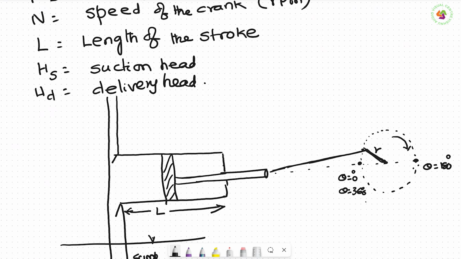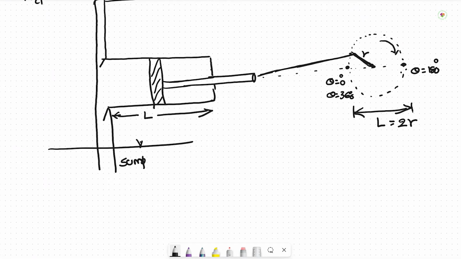So that means this is nothing but the length of the stroke, which is equal to twice the radius of the crank. And this is of course the delivery. So we have the piston, cylinder, piston rod, connecting rod, radius of the crank, rotation, suction valve, delivery valve, suction pipe, delivery pipe. Now this crank is rotating at a speed of N rpm.